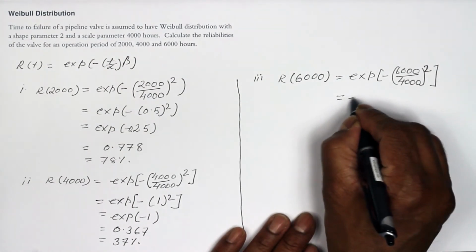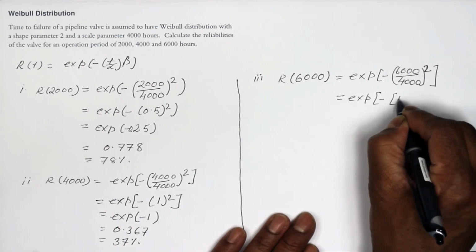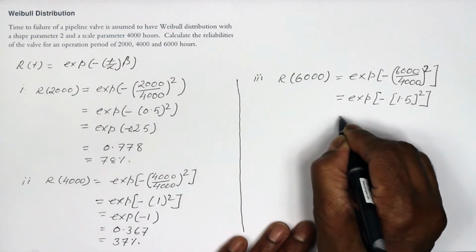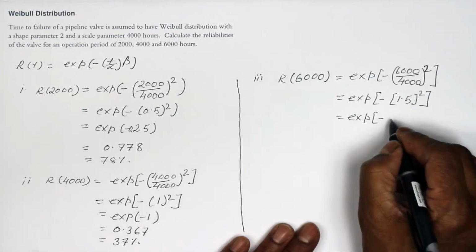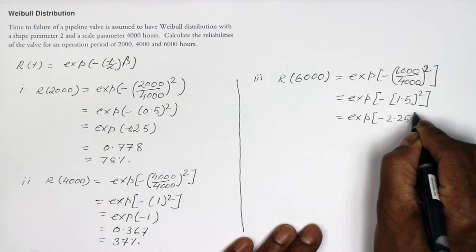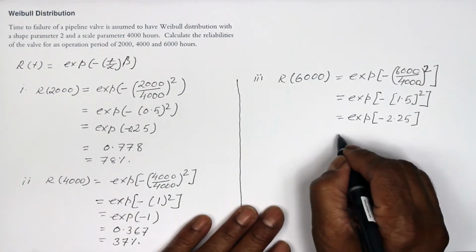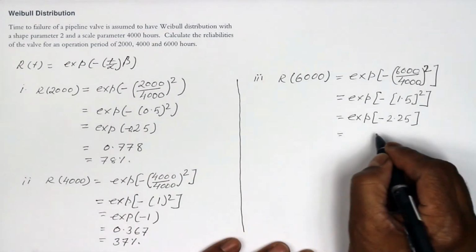This comes to exponent of minus 1.5 raised to the power 2, that is exponent of minus 2.25, and that value we can easily calculate again from some table, the internet or a mathematical table.